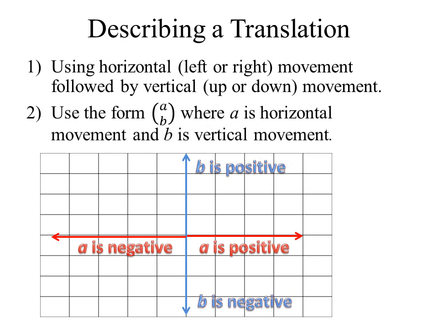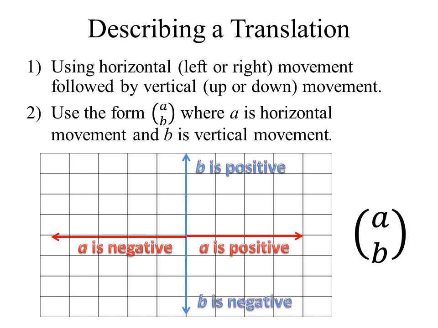And we are going to use the form A over B within the parentheses, okay? Where A is horizontal movement followed by B vertical movement. So A, is it moving left or right horizontally?